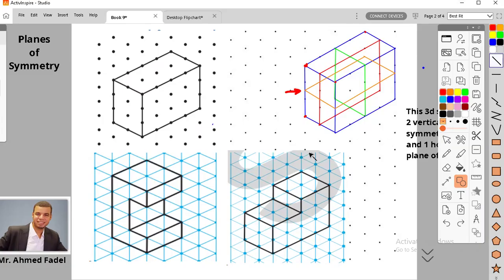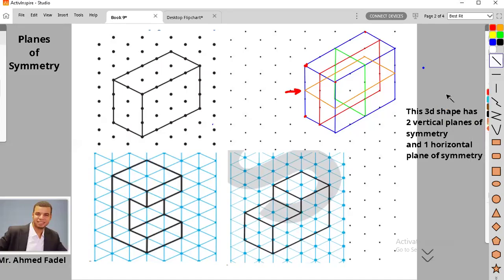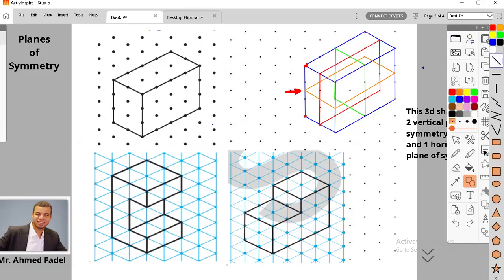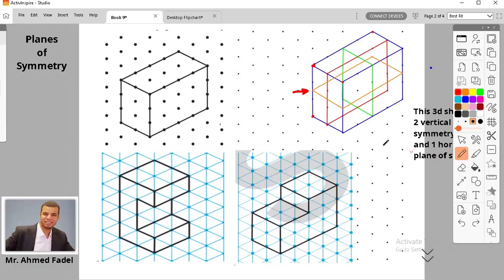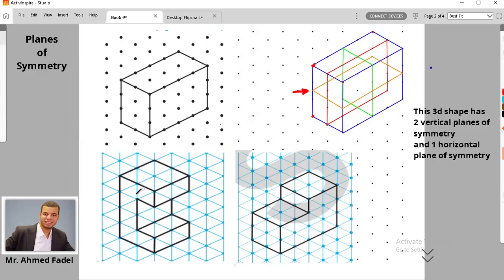how many pairs of identical parallel faces does it have? Let's see. Here, if you noticed, we got this one. Oh, one second. I need to choose the pen. You will find I have this face, and there is one also on the other side.